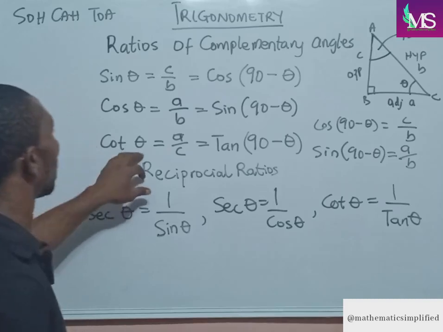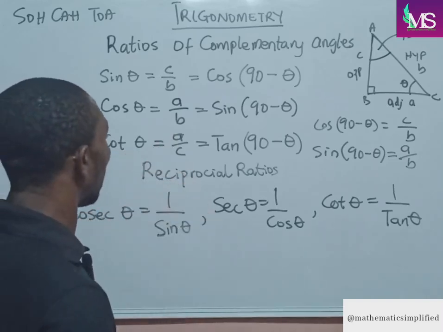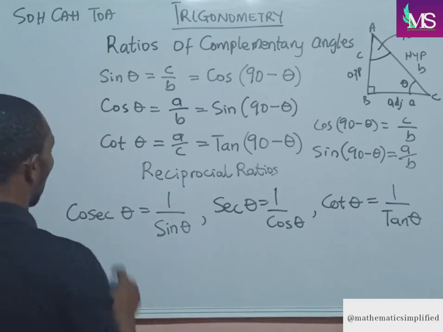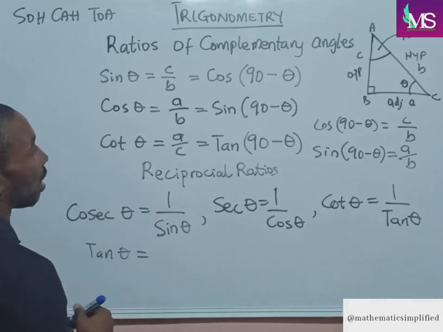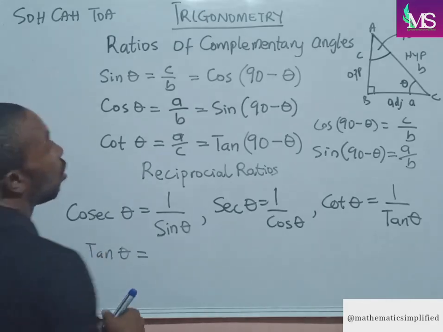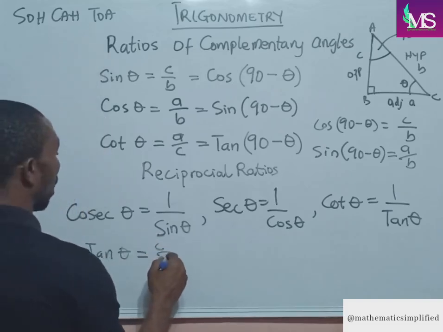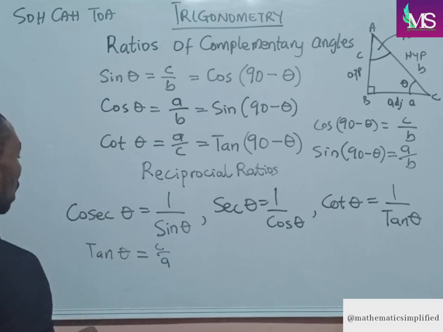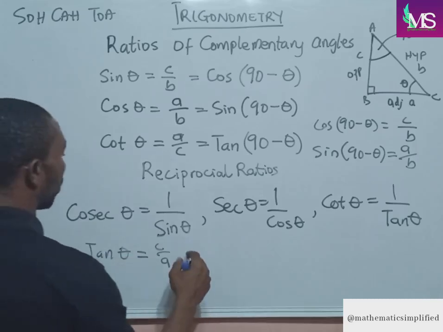Our cot theta is A over C. Our tan theta is opposite over adjacent, which is C over A. So we now know that its inverse will become cot theta.